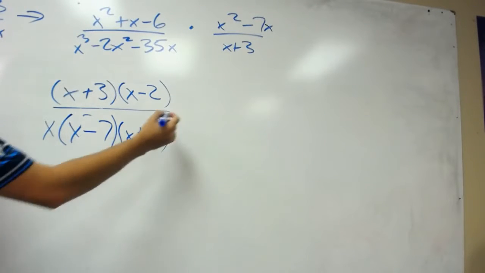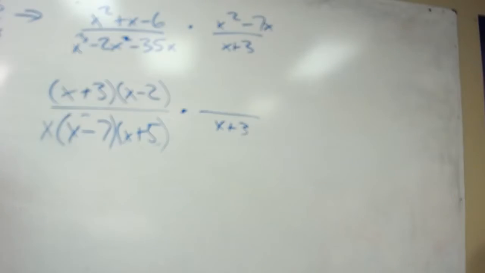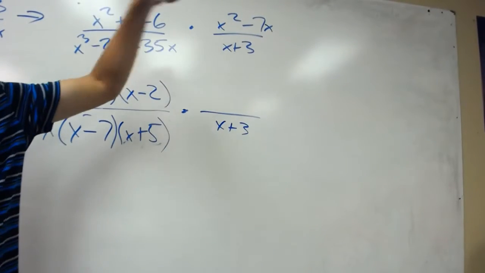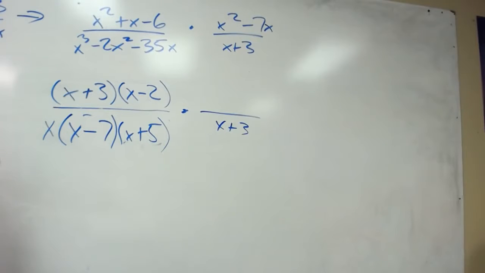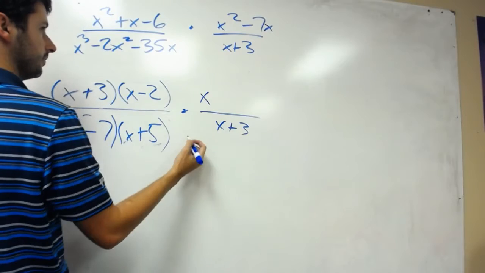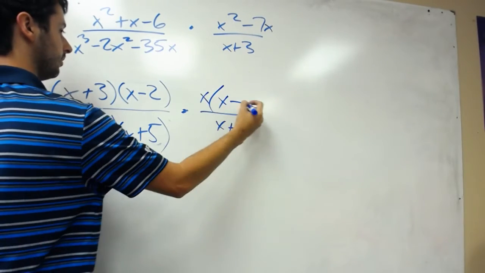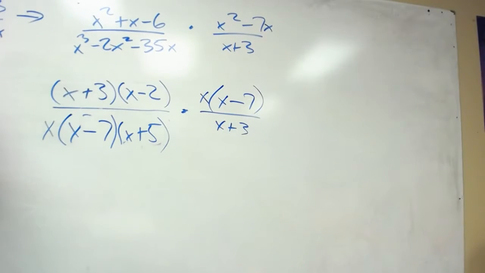The bottom one over here is just x plus 3, so that's awesome. We don't have to do anything there. But we get x squared minus 7x over there. Can we factor? Factoring means you have something common in both of the terms there. And we do. They both have an x, so we can factor out x and be left with x minus 7.